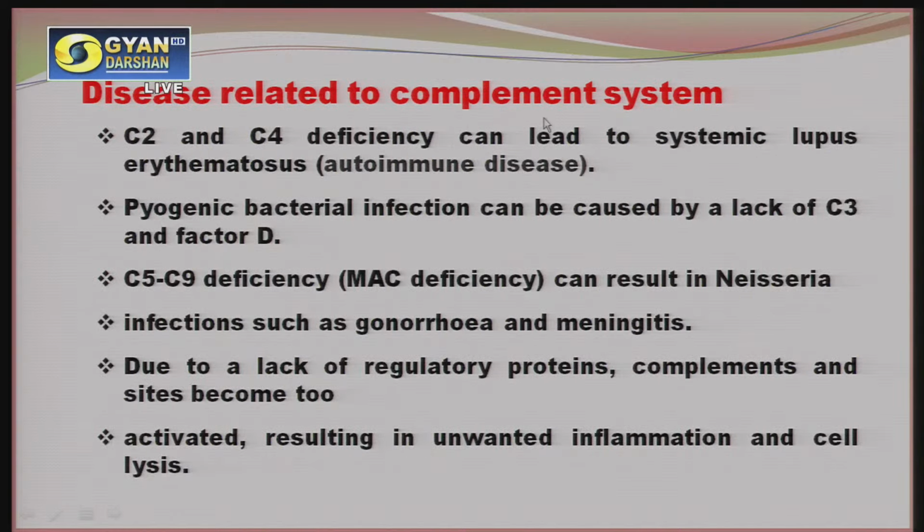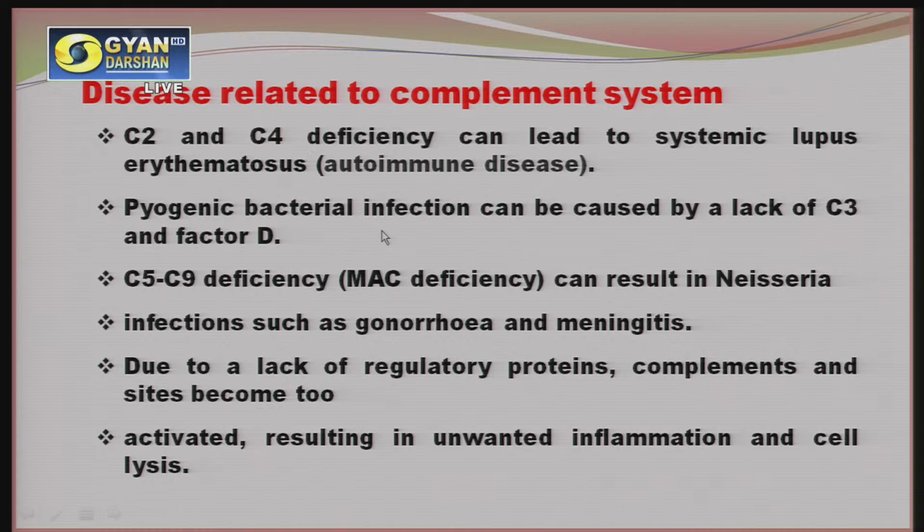Now the diseases related to the complement system. There are various diseases, like lupus erythematosus, basically an autoimmune disease, associated with deficiency of C2 and C4.